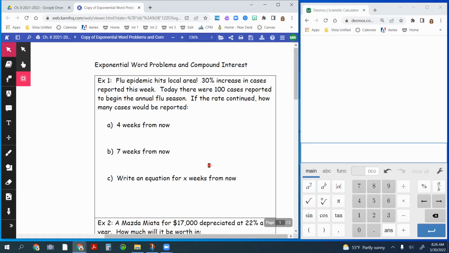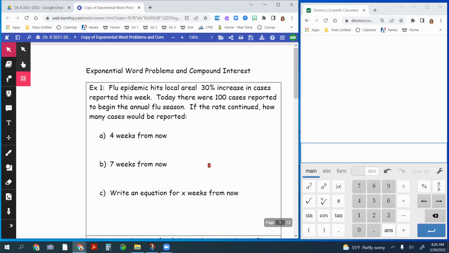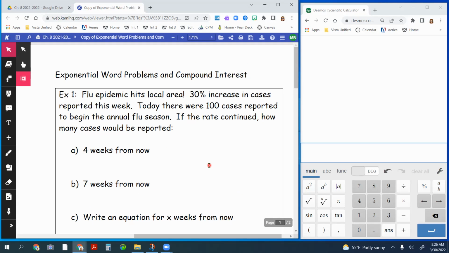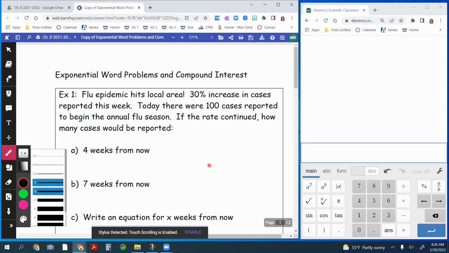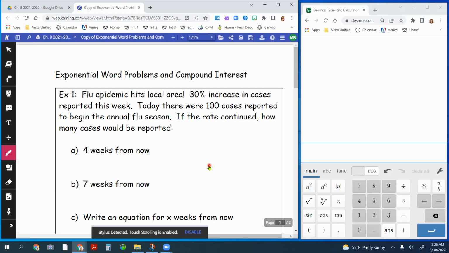So for all of these exponential word problems that are dealing with geometric situations that we saw in our sequence chapter, what we want to remember is all of these are going to have the same format, where you have y equal some initial value a times some multiplier b to the power x.